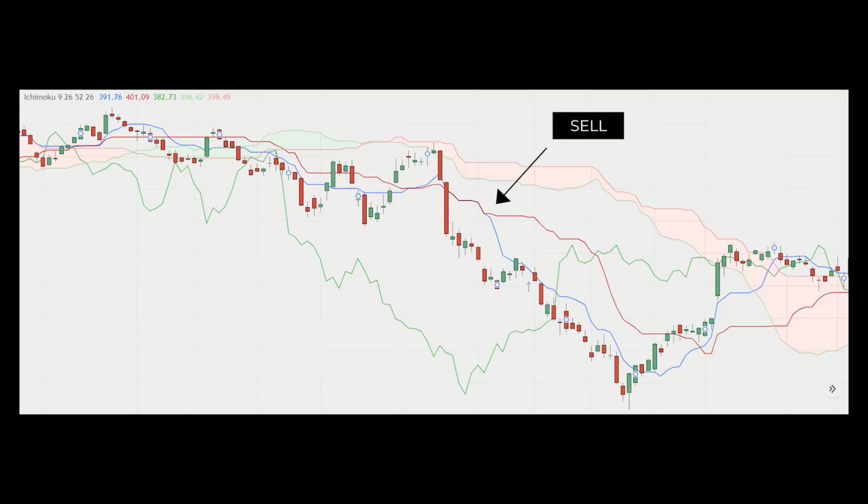As well, to confirm the sell signal, you need to see three things. The two lines and the price should be below the cloud, as well as the green line must be below the price. One important thing to note is that if the price is inside the cloud, there is no signal, irregardless of whether the cloud is green or red, because as I mentioned before, there is no price trend, so we don't trade.